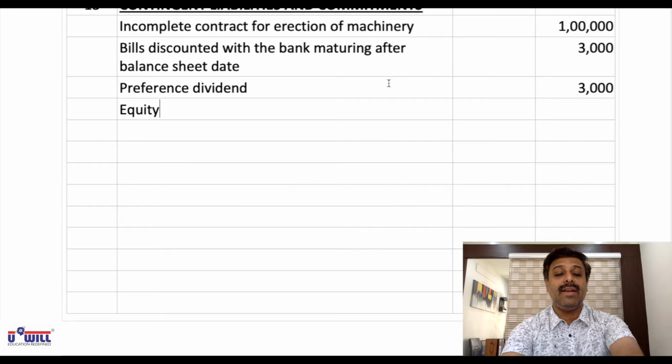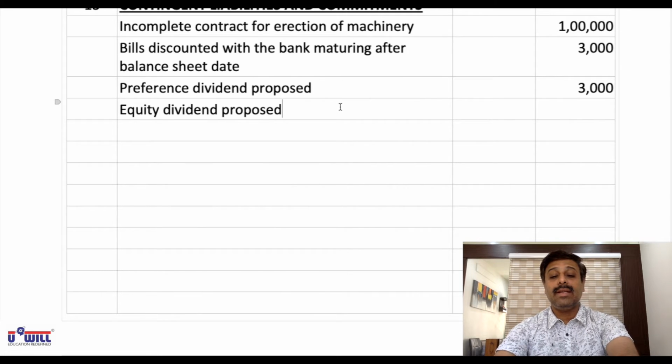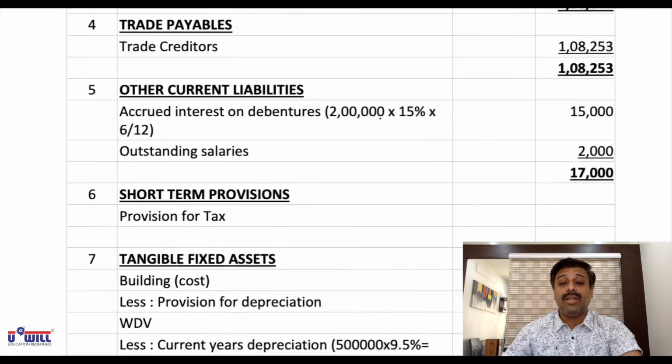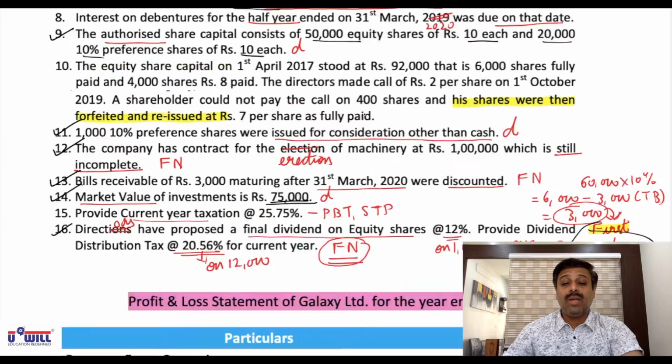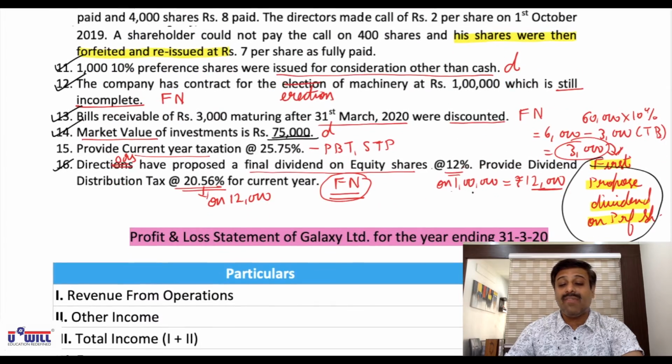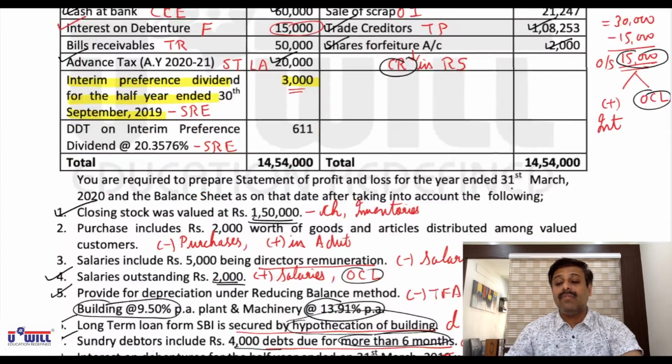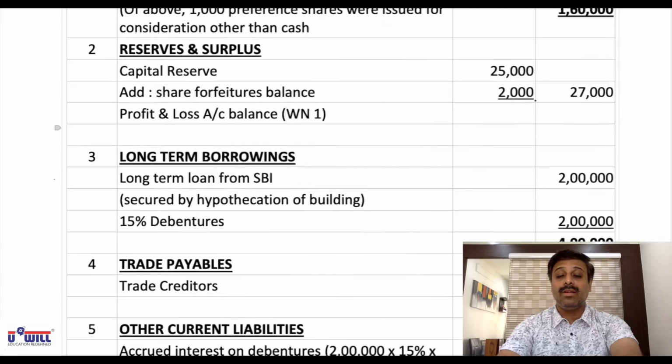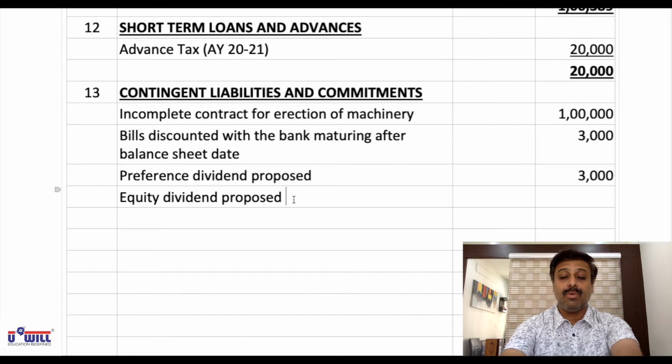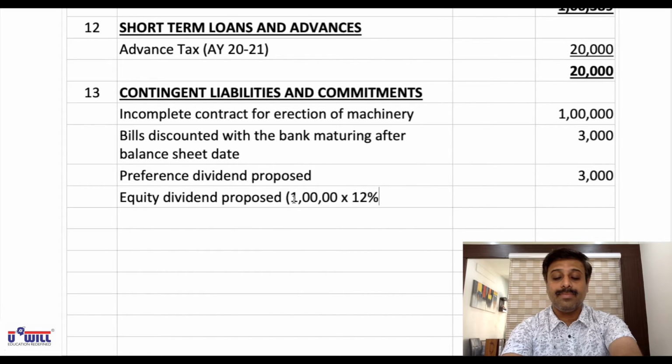Then equity dividend will be proposed, as per the nature of preference shares first. Then equity dividend, as we discussed, that 12% you have to count on 1 lakh of equity share capital, which will come to 12,000.